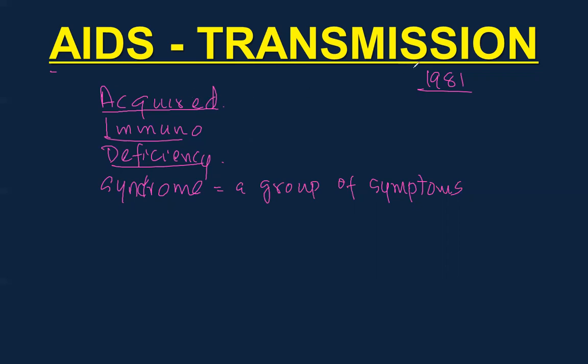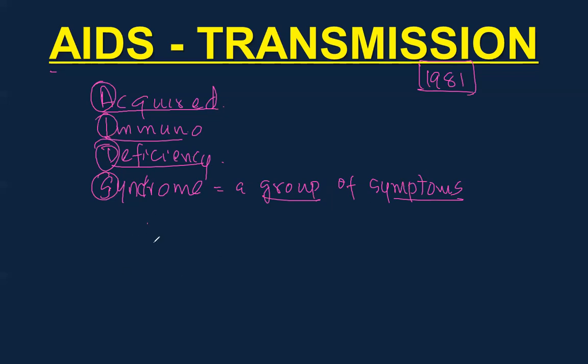The patients they found in 1981 in the hospitals, the doctors couldn't identify the disease. So they said that these people have acquired immunity deficiency, lack of immunity. These people have acquired deficiency of immunity. And syndrome means a group of symptoms.